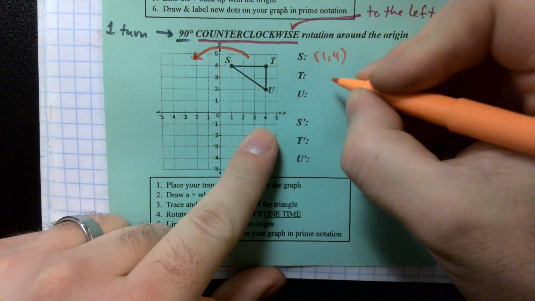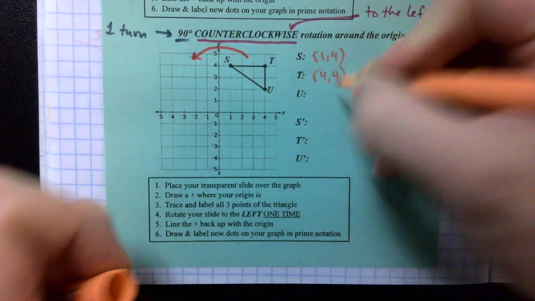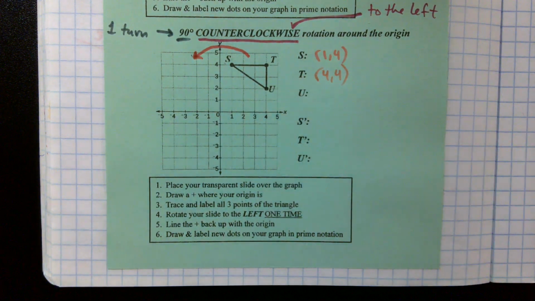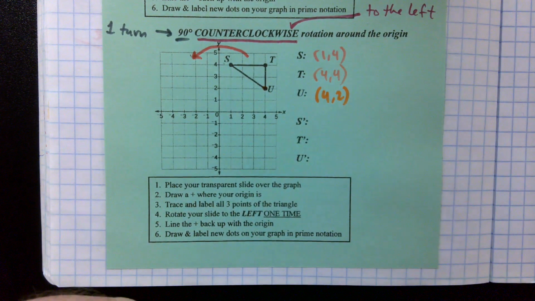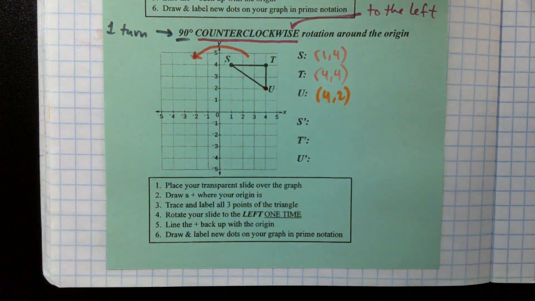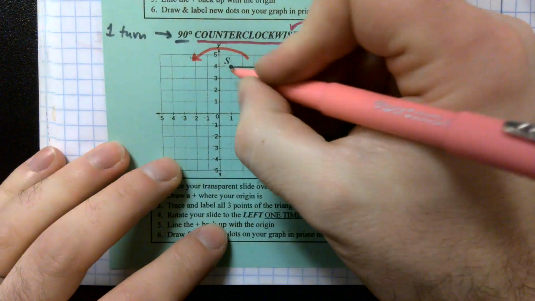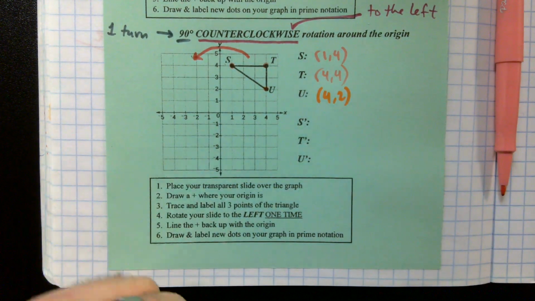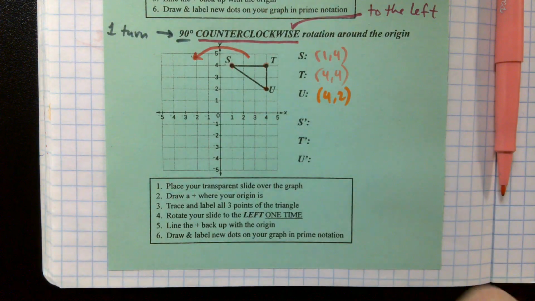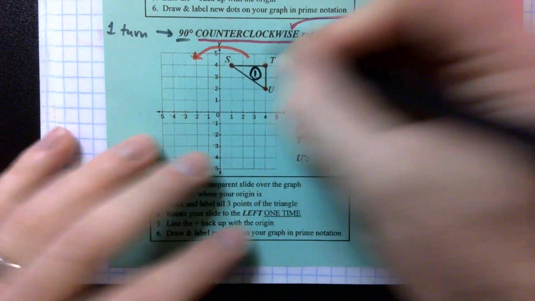Point T is at 4,4. And point U is at 4,2. What am I going to throw in the middle of this triangle again? A 1 with a circle. It's my pre-image.